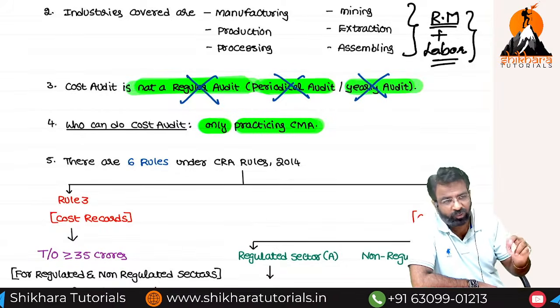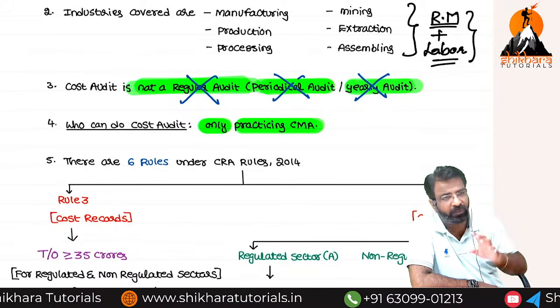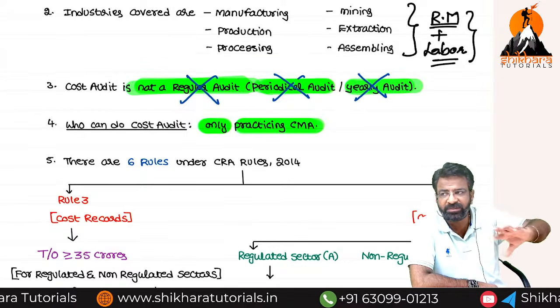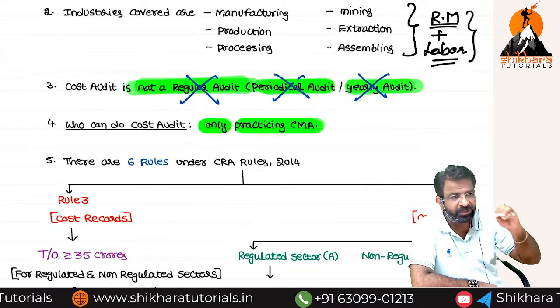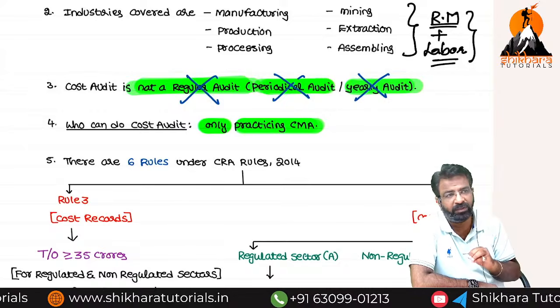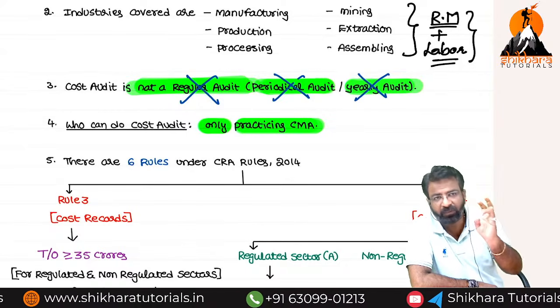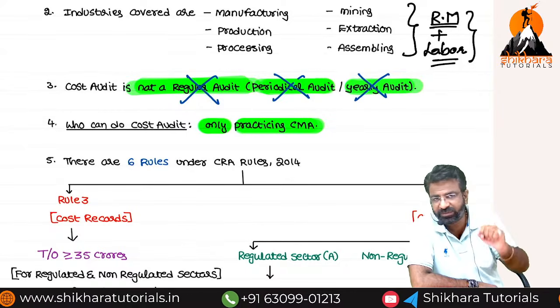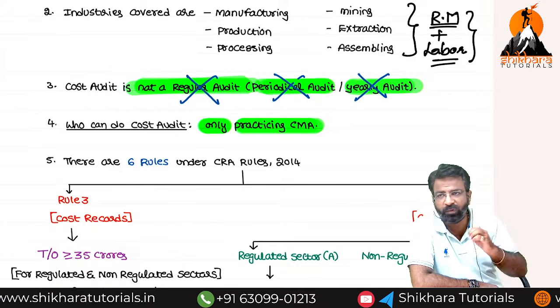6. Out of that, 2 rules we are going to do today only. Anyway, we are going to discuss them in our next chapter also, but majorly these 2 rules we are going to understand today. One is Rule 3 and one is Rule 4. Out of 1 to 6, we are going to do Rule 3 and Rule 4 today.